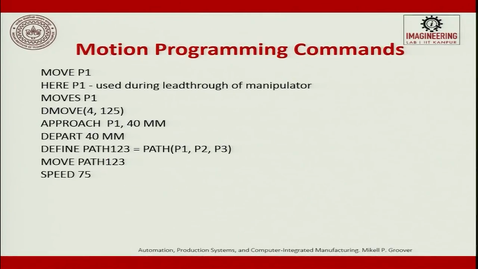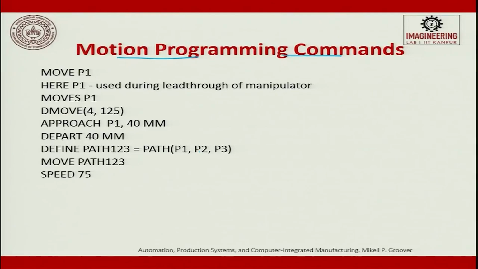These are the motion programming commands. We will say MOVE P1. Here P1 is taught through lead through of the manipulator. Then MOVE P1, then DMOVE 4, 125, these are the coordinates. APPROACH P1 by 40 millimeters, DEPART by 40 millimeters, DEFINE PATH 1 as P1, P2, P3.